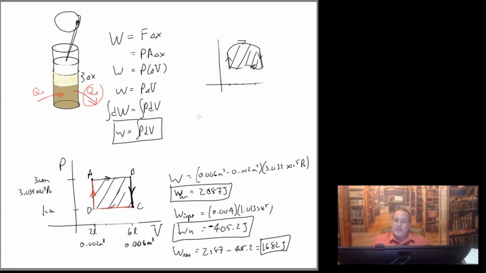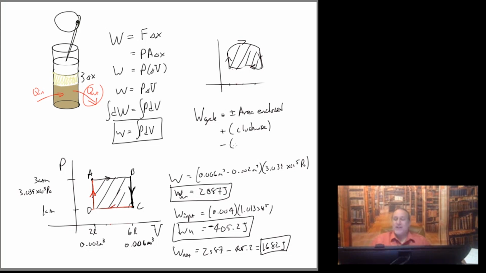So in general, we can say the work for a cycle is just equal to plus or minus the area enclosed. It's plus if the cycle is clockwise. For a clockwise cycle, the positive work always overshadows the negative work.